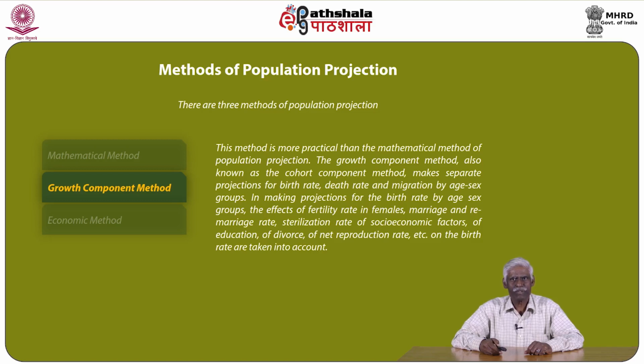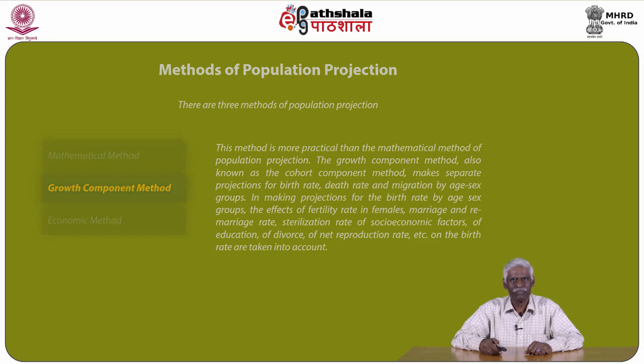In making projections for the birth rate by age-sex groups, the effects of fertility rate among females, marriage and remarriage rates, sterilization rate, socio-economic factors of education, divorce, net reproduction rate, etc., and their influence on the birth rate are also taken into account.